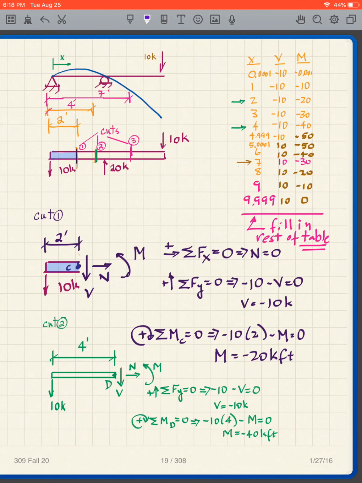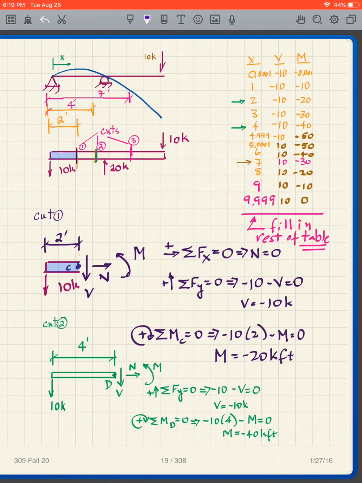That means when I cut a beam, I'm going to have a V, N, and M. So we're going to get to this, but we're going to have a V, N, and M when I cut my beam. So that is the logic behind it, and it's because the beam is fat, it can handle this.